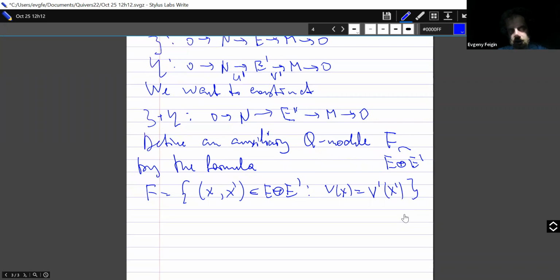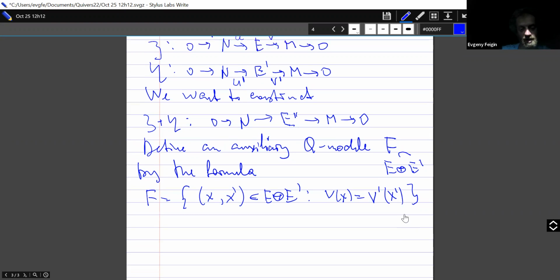Okay, so we take those pairs which are mapped to a single element in M. So note that the target spaces for V and V prime do coincide. Okay. So this is our F.